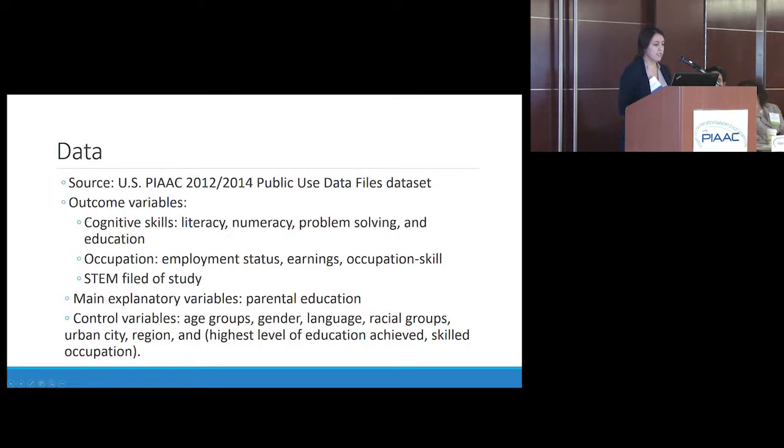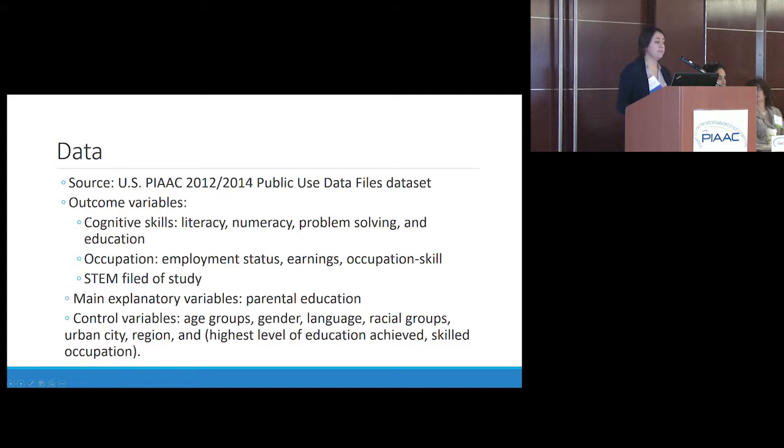The data used in this study is the US PIAAC 2012-2014 public use data. The outcome variables are, as I said in the previous slide: cognitive skills and occupation-related variables, including employment, earnings, occupational skill classification, and STEM. The main explanatory variable is parental education, and the control variables are age groups, gender, and language.